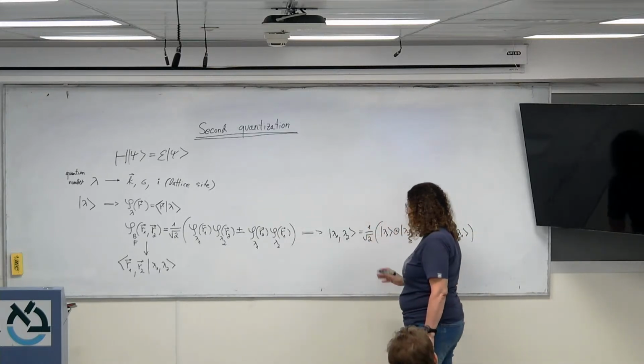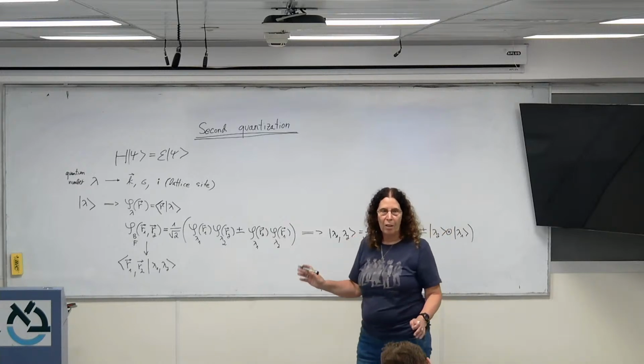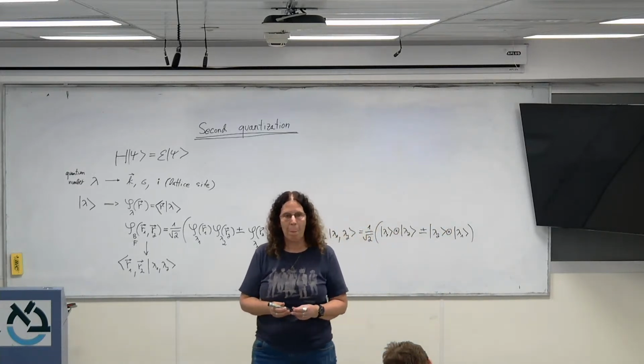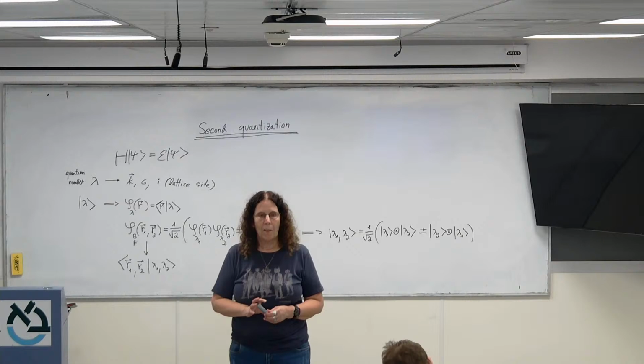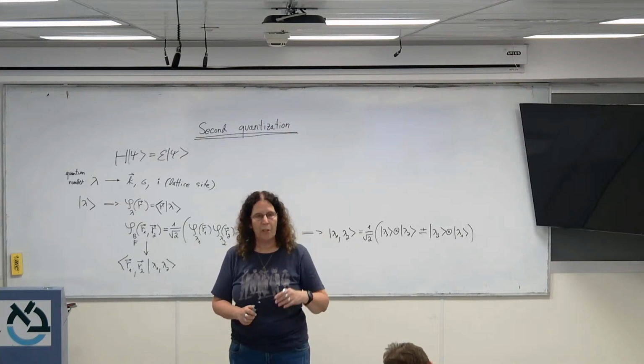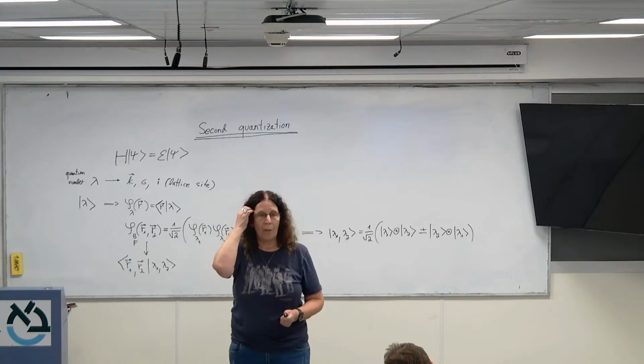This is for two particles. Lambda 1 and lambda 2 are different states, like for example the ground state and the first excited level.